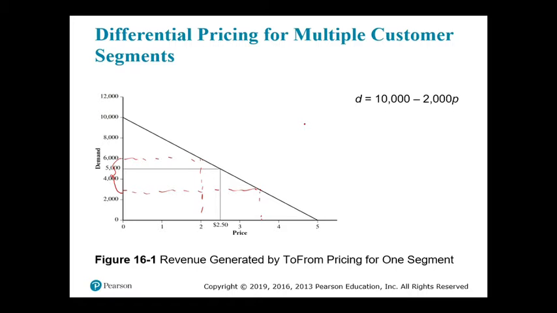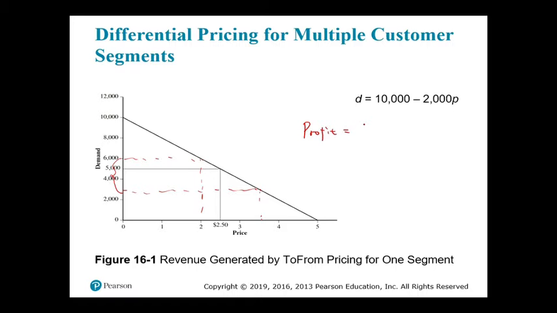So the profit of this company is equal to demand multiplied by the profit margin. Let's assume for simplicity that the cost of the product is 0.